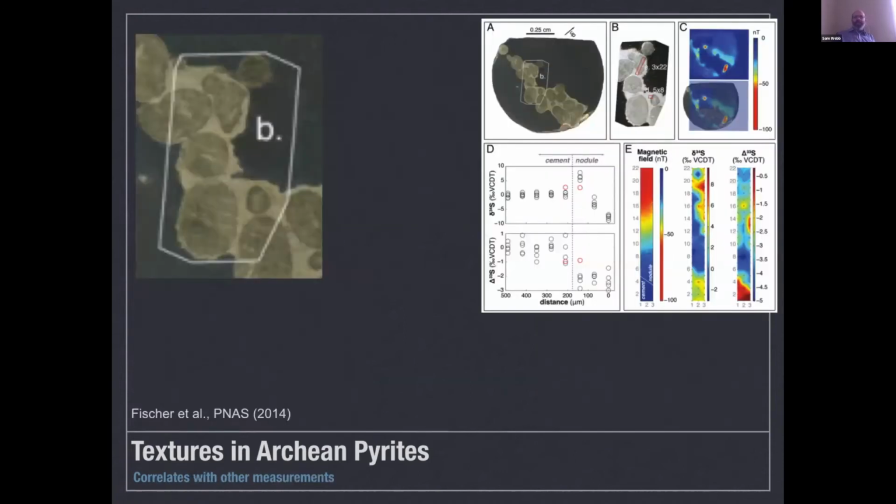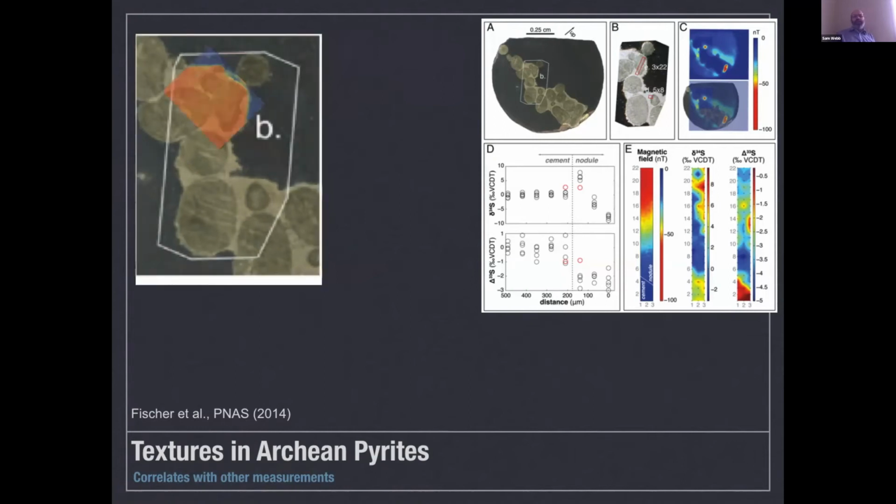Well, we combine this. This is now from another sample in a related core. This comes back to a study where the sample was exposed to NanoSIMS to make isotope measurements, as well as micro SQUID to look at the magnetic field. If we look at the difference between the pyrite nodules, there are some pyrite cements in between.